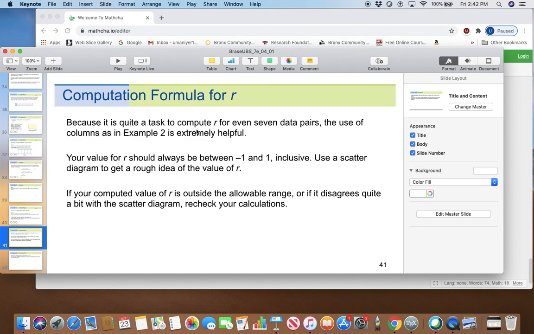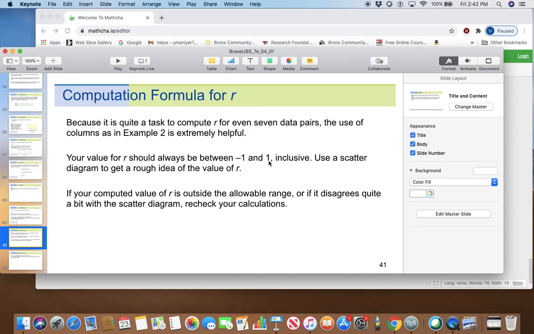Because it is quite a task to compute R, even for 7 data pairs, the use of columns is extremely useful. Your value of R should always be between -1 and 1 inclusive. Use a scatter diagram to get a rough idea of the value of R. If your computed value of R is outside the allowable range, or if it disagrees quite a bit with the scatter diagram, recheck your calculations. So if you find an R which is 2 point something, you're not allowed to go to 2.